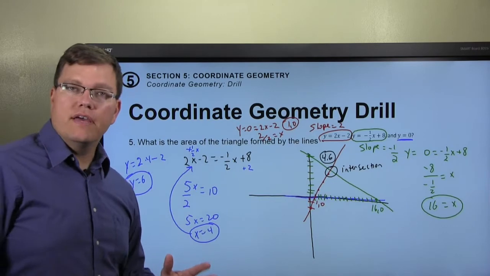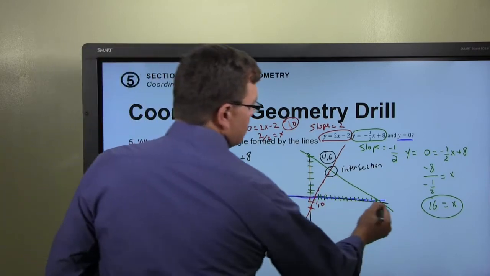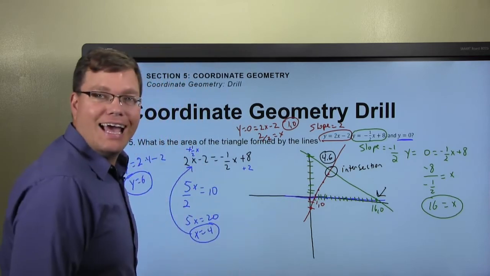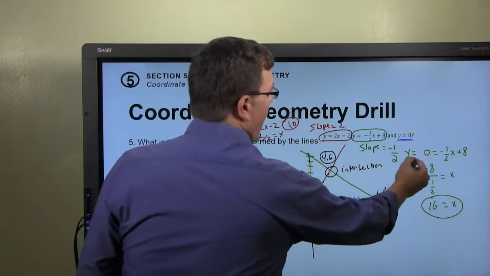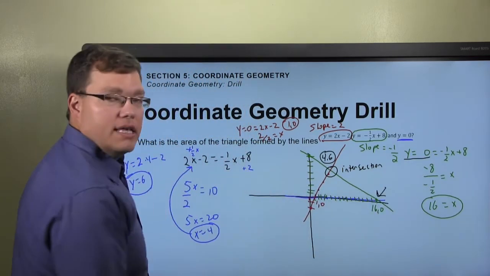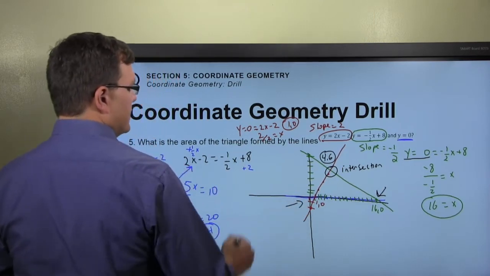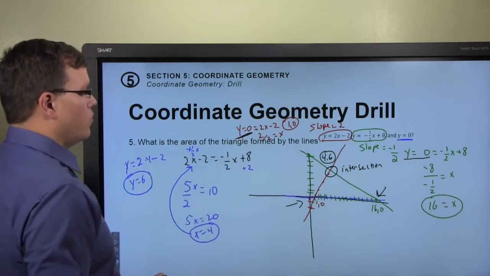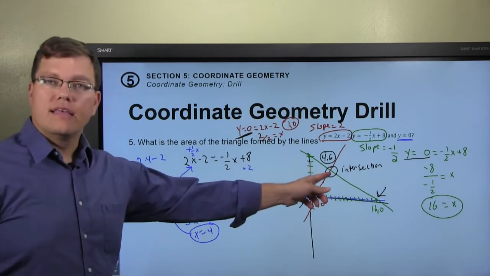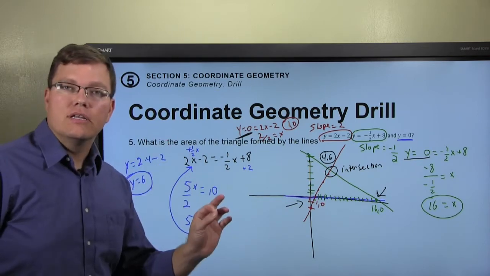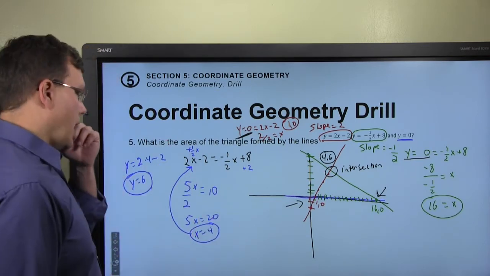Your 3 points of intersection are where the green line intersects the x-axis, where the red line intersects the x-axis, and, for the peak of the triangle, the intersection of the two lines.